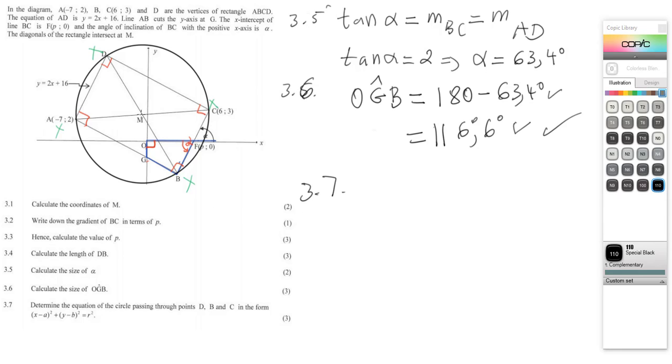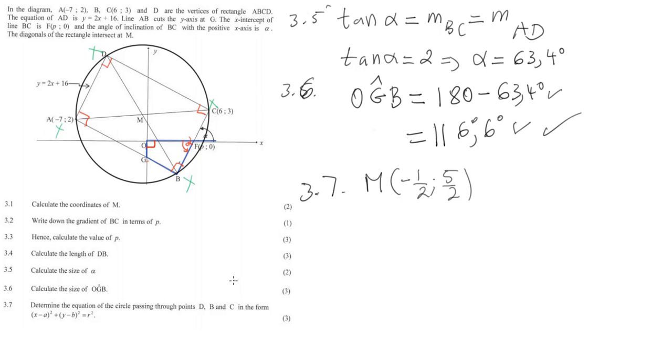Meaning that M will be the midpoint, the center. So the center of this circle will be minus 1/2 and 5/2. That is the center. So what is the radius? The radius will be the distance from here up to there.